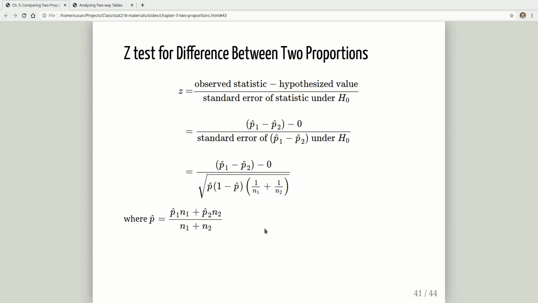So that's how you do a z-test. You take your z-value. If it's bigger than 2, then you can reject the null hypothesis. If it's not bigger than 2, then you fail to reject the null hypothesis. Otherwise, everything's pretty much the same as it was in chapters 2 and 3.